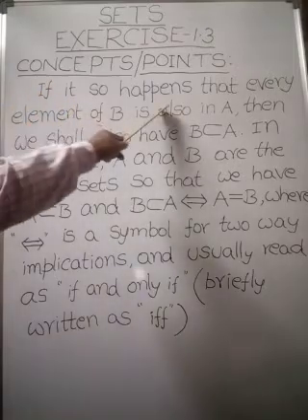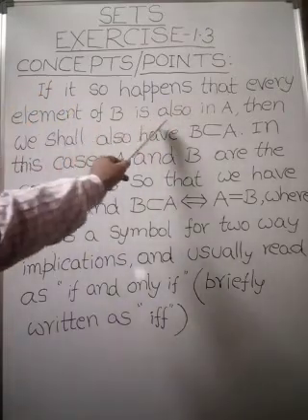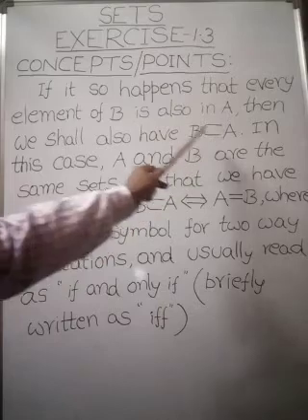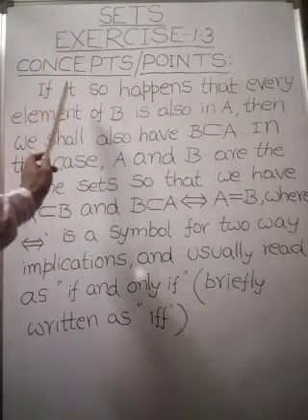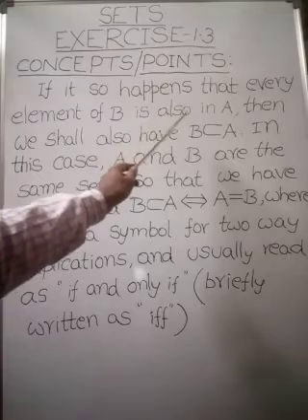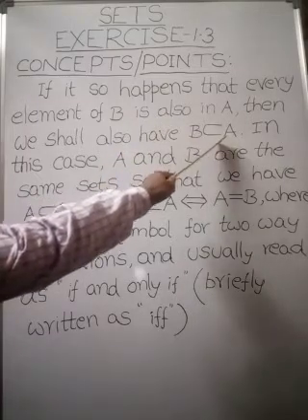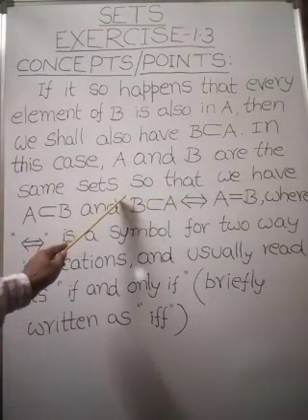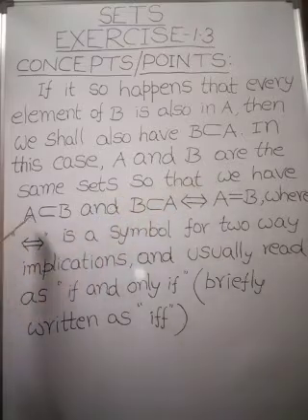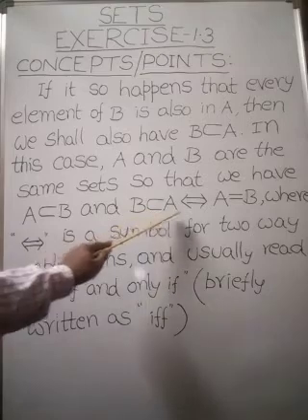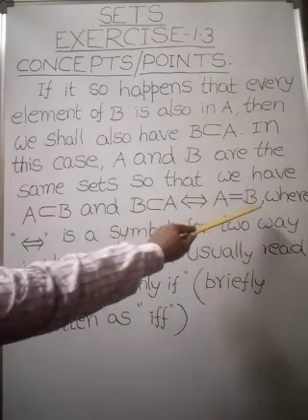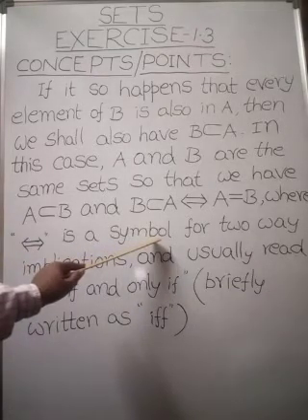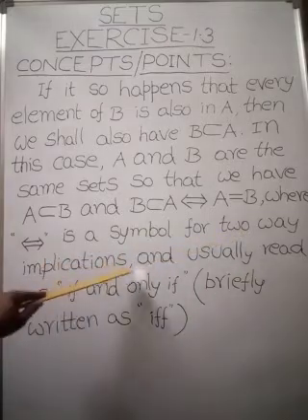If it so happens that every element of B is also in set A, then we shall also have B ⊂ A, because every element in the set B is also an element in the set A. Then we can say that B is a subset of A. In this case, A and B are the same sets, meaning they are equal, so that we have A ⊂ B and B ⊂ A, by implies A = B, where this symbol ⇔ stands for two-way implication.